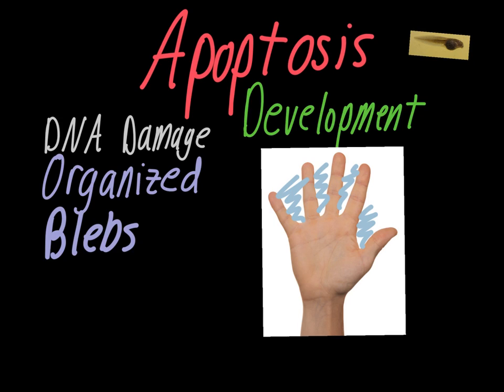So those cells are programmed to no longer develop during a certain point in the embryo's development overall. And instead of really no longer developing, those cells are doing the opposite. They are going away. They're dying through the process of apoptosis. So this way you have the appropriate function of your hands once you're fully developed and then born as an infant.